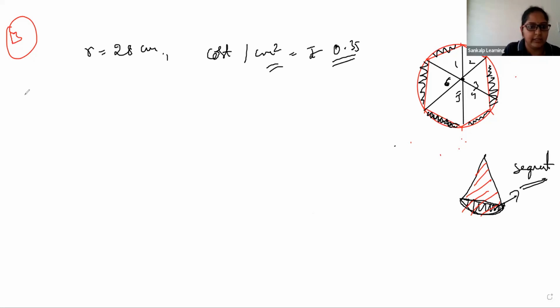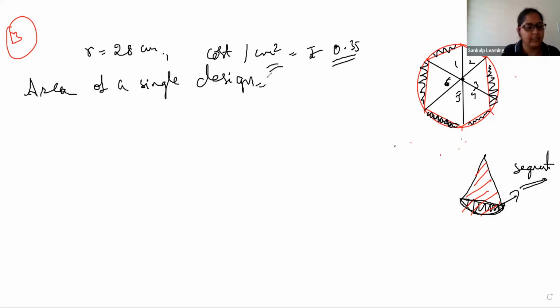Right, area of a single design is equal to area of, for example, let us take it as ACB. ABC, right?